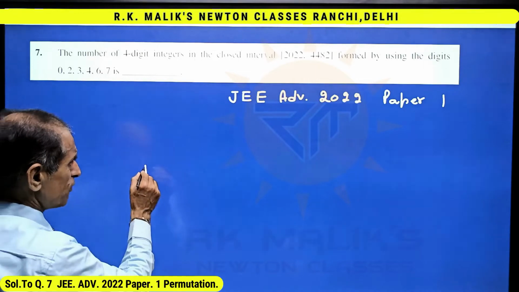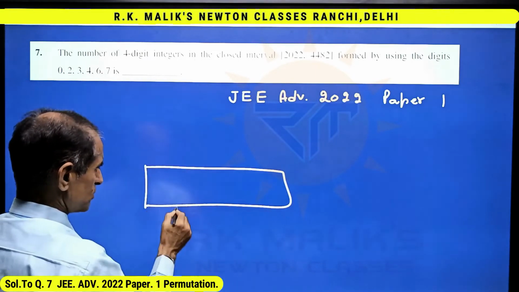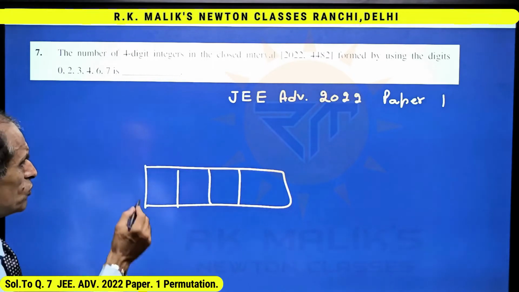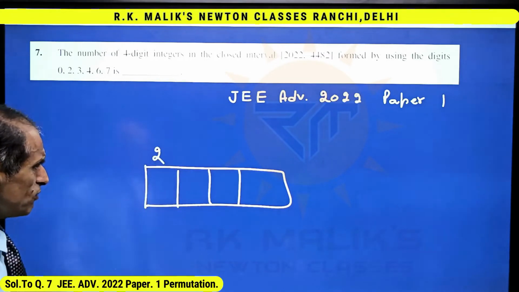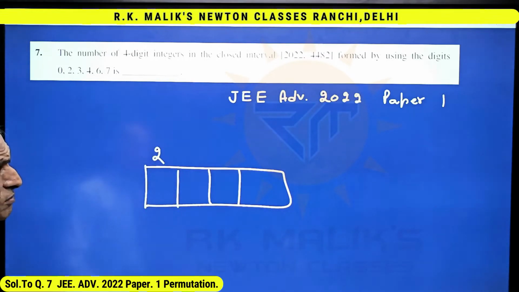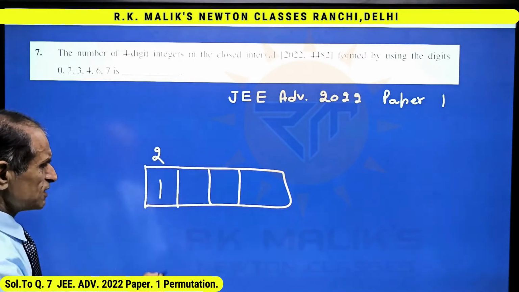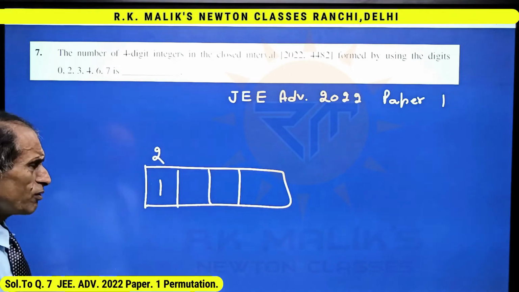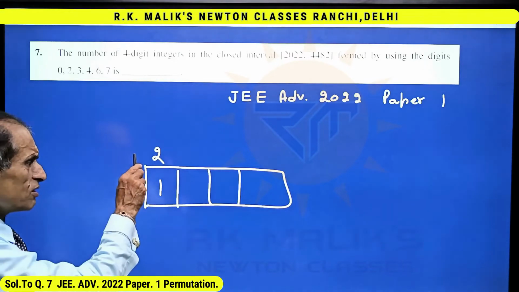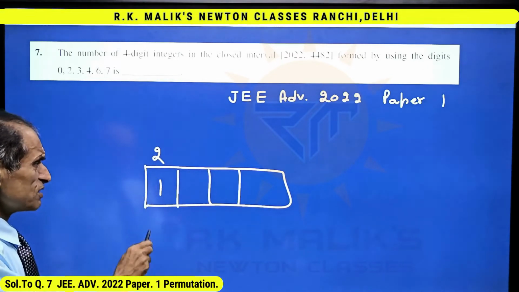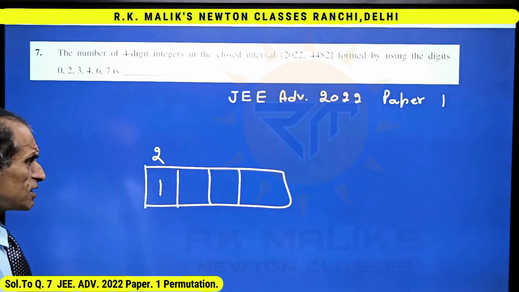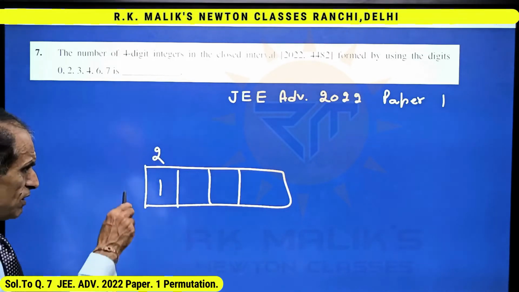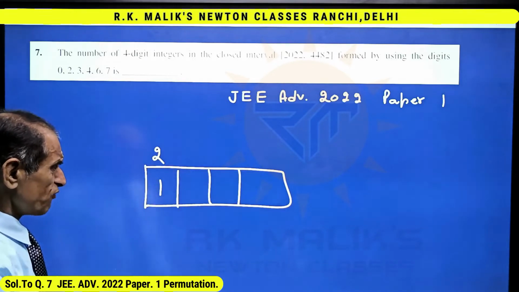Let us find the number of numbers which have 2 in the first place. That is, this place is filled in one way. Later on we will be dealing with the case when there is 3 in the first place, and afterwards you will take the case when 4 is in the first place. First case when 2 is in the first place.